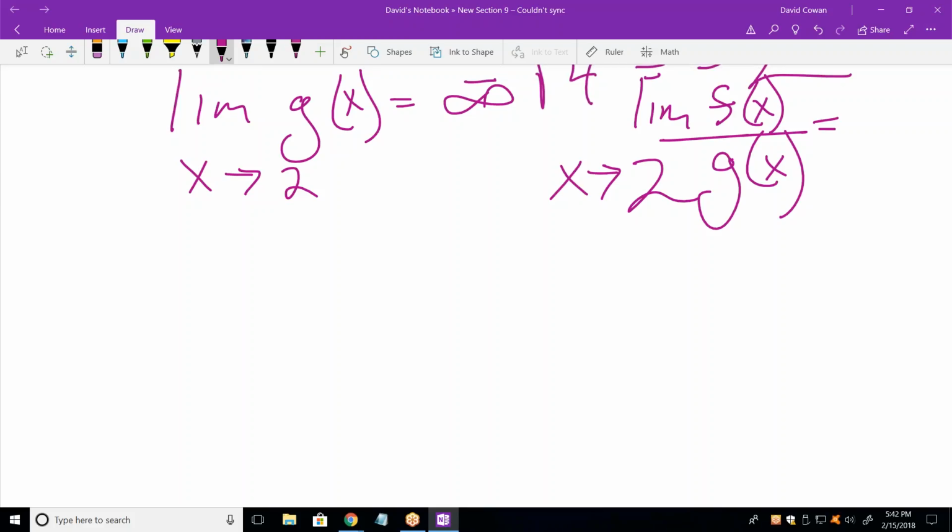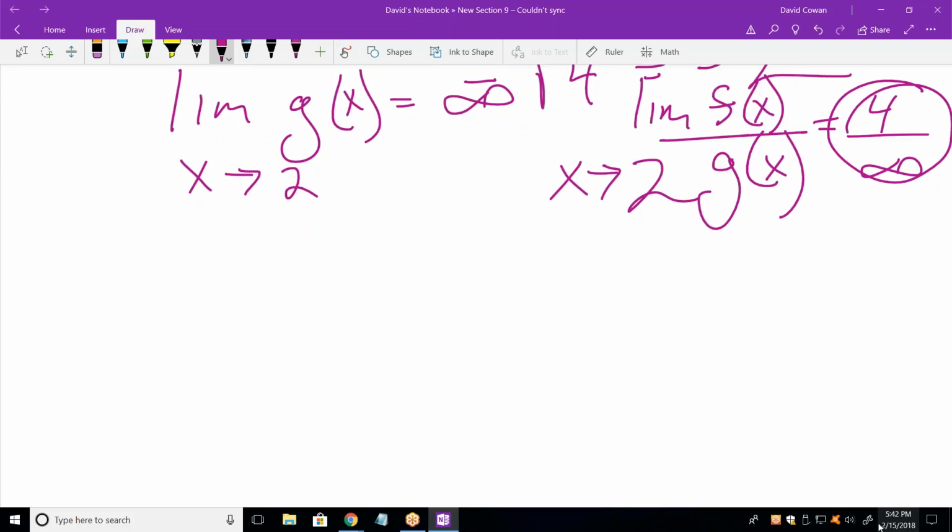Okay, what's this go to? So then would it be 0 because the denominator is getting bigger? Yep. If the denominator outpaces the numerator, it goes to 0. If the numerator outpaces the denominator, it goes to infinity. All right. That makes sense then.